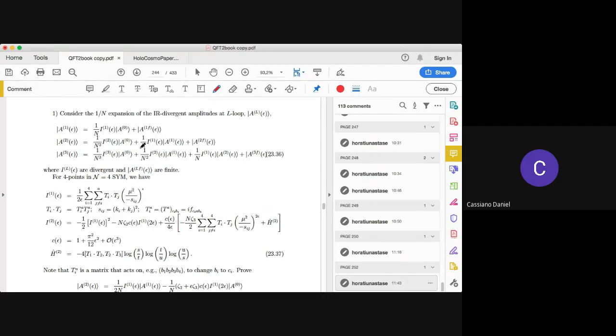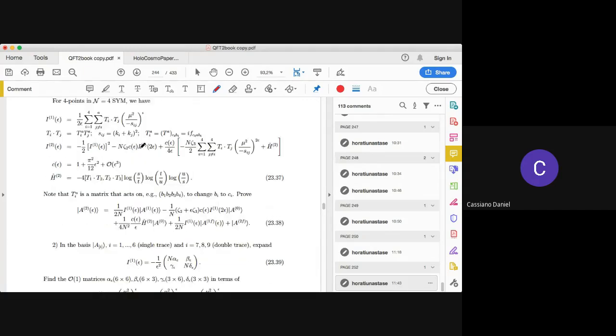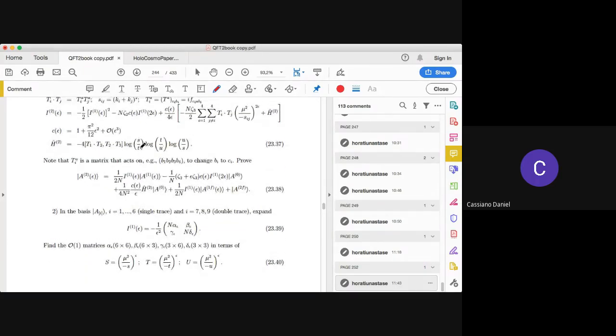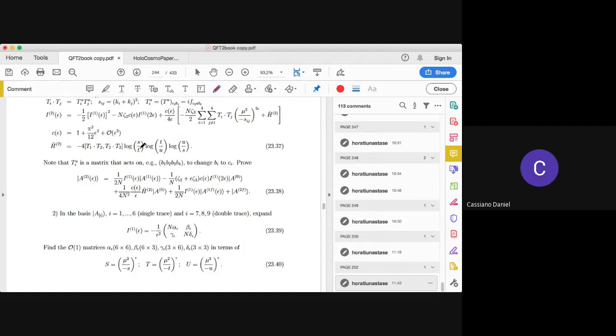Can you go down a little bit? So what's the difference? I don't understand these state vectors. What's the difference between a state vector with an epsilon and without an epsilon?